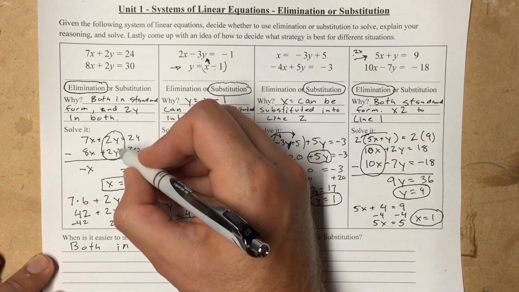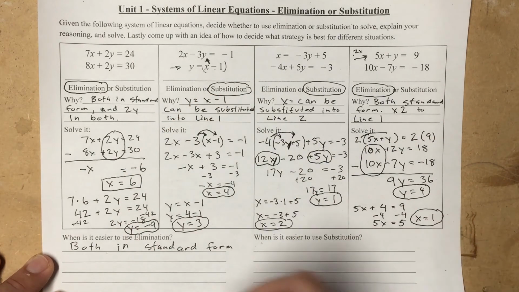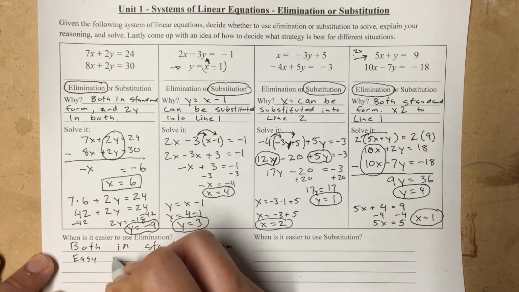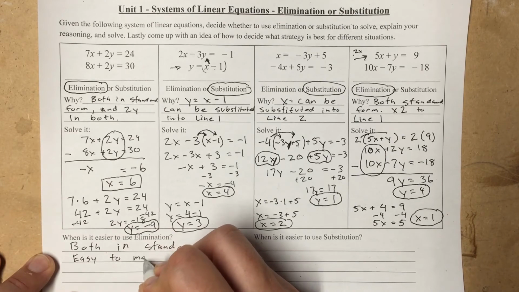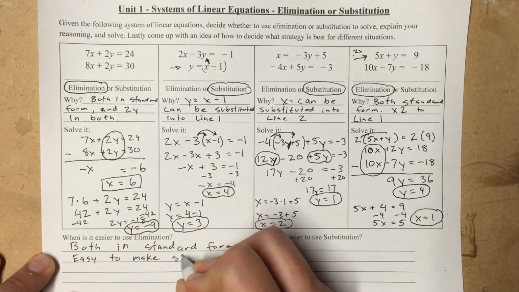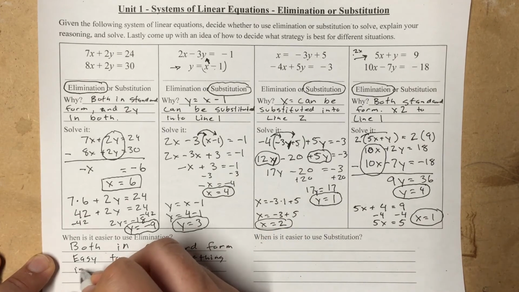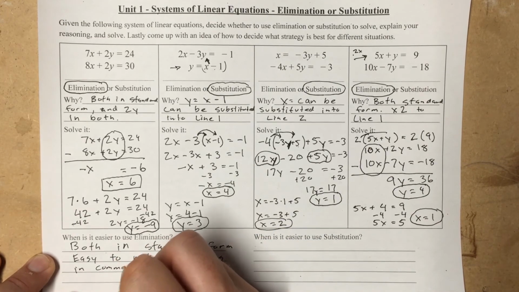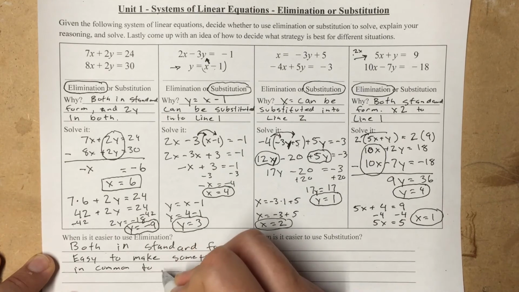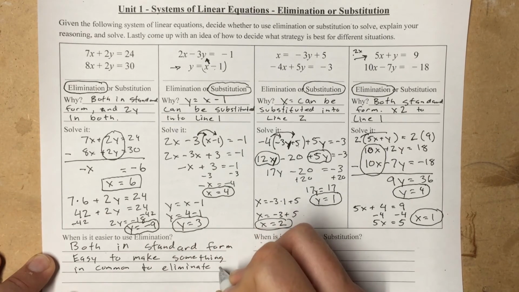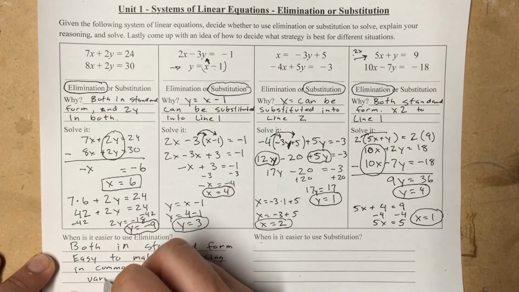In this case, we were able to make 2y in both equations. Say easy to make something in common to eliminate a variable.